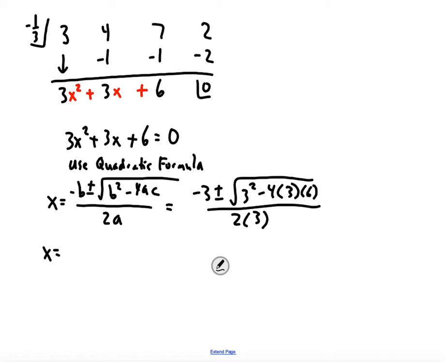So now I'm going to simplify this. I get -3 plus or minus the square root of 9 minus 72. 9 minus 72 is going to give me -63.